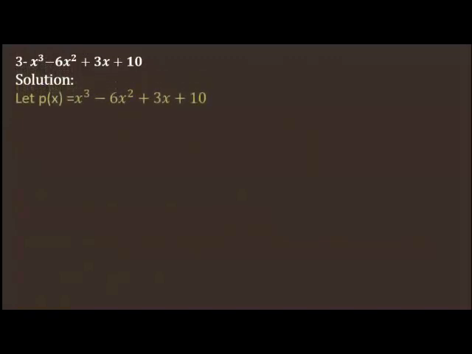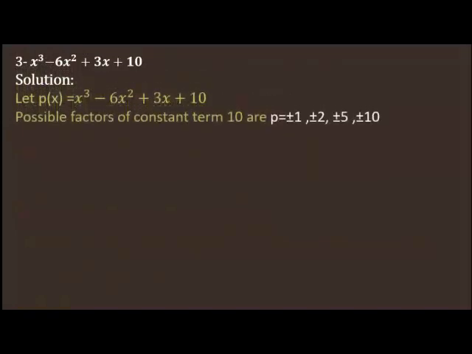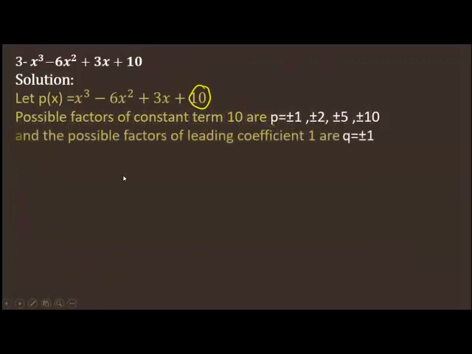Look, the factors of the constant are plus minus 1, plus minus 2, plus minus 5, plus minus 10, right? Next, the possible factors of the leading coefficient. What is the leading coefficient here? 1 again. So the factors of 1 are plus minus 1 only.